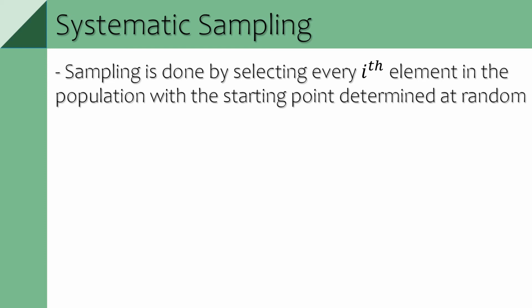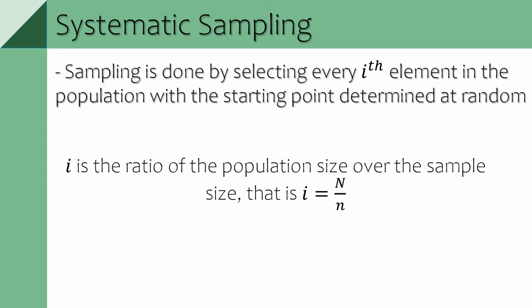How do we get the ith element? The i is the ratio of the population size over the sample size. So i is equal to capital N over small n, or population size over sample size.